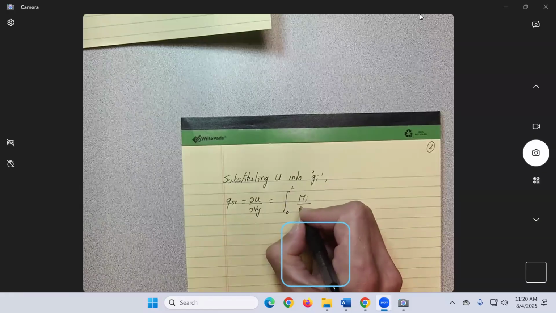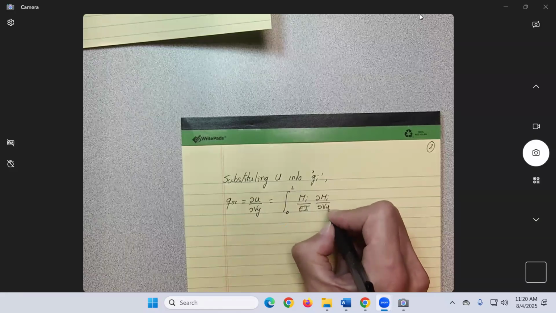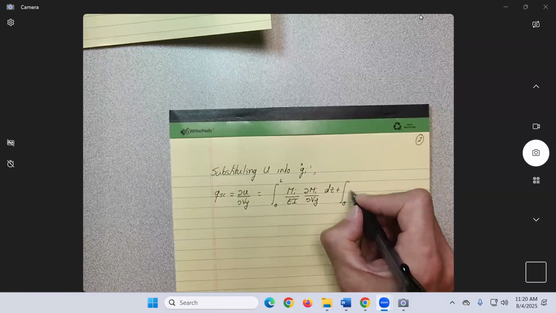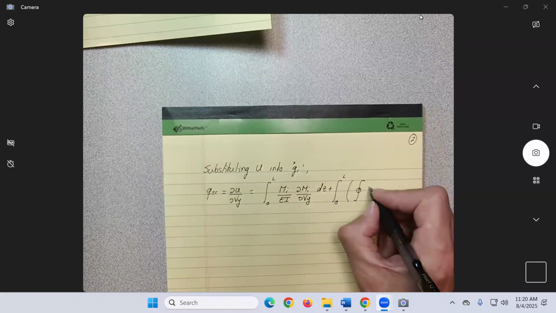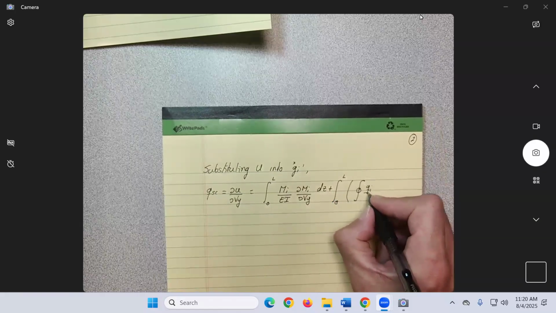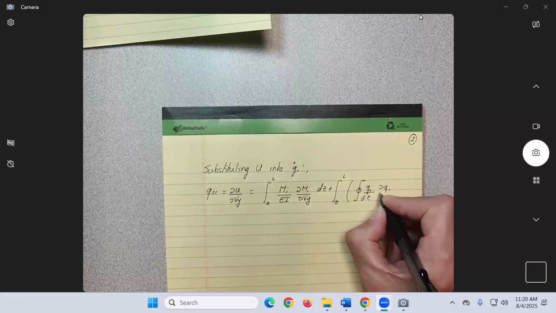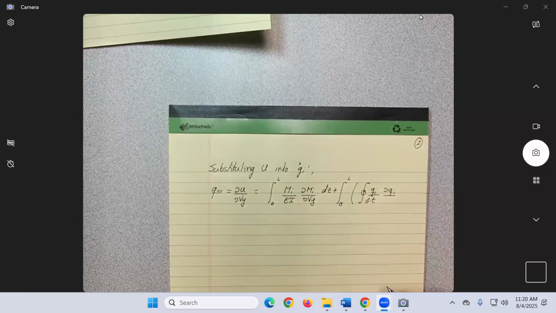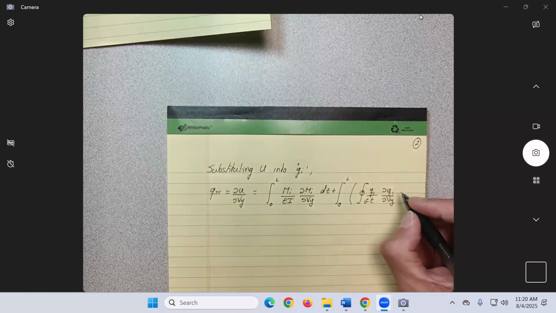M sub I over EI times partial M sub I partial Vy dz, plus integral 0 to L of Q sub I over GT partial Q sub I partial V sub I ds dz.